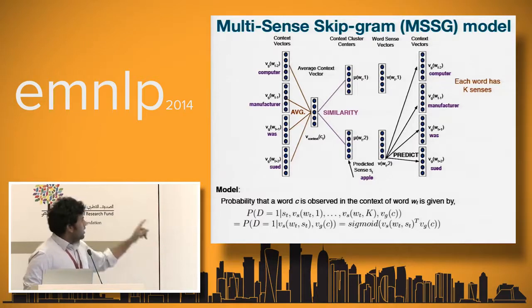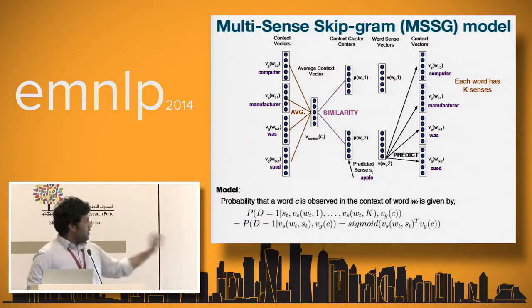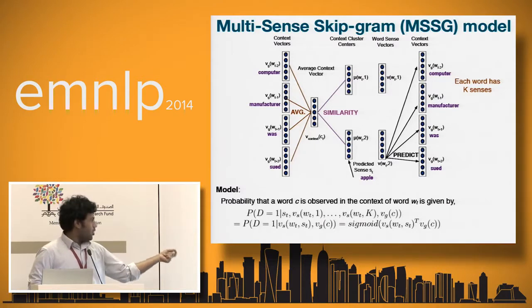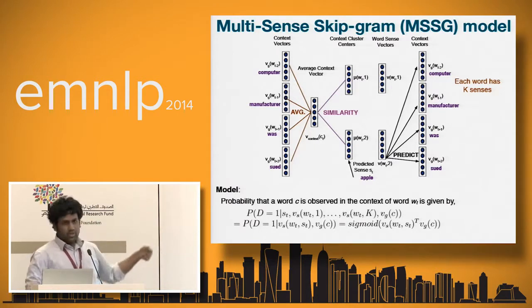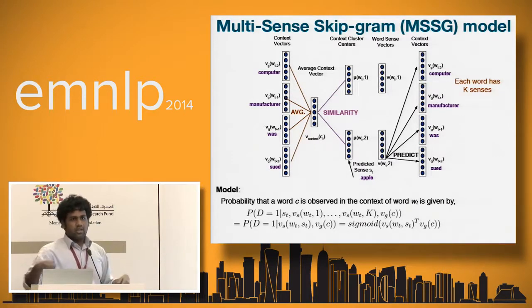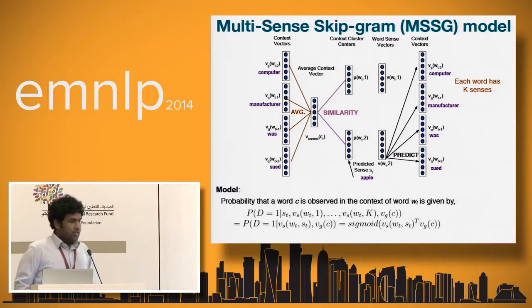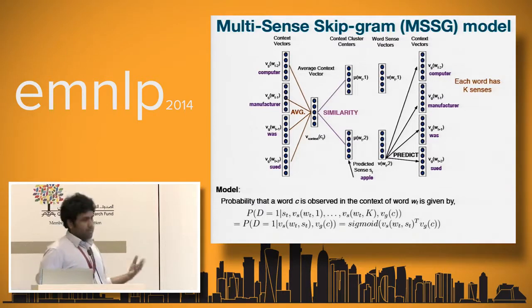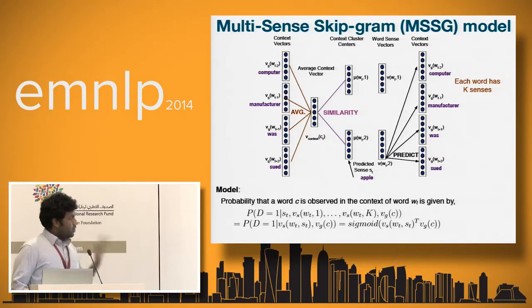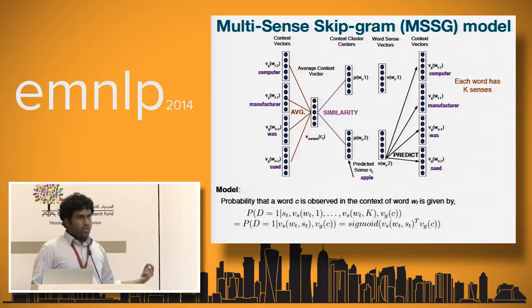And one detail I forgot to tell you is that when I pick the sense of a token, I add that context vector to the cluster. So the cluster center keeps getting updated. So this is the MSSG model, and the training objective is the same as the skipgram model. So this is good. We've got a model which learns multiple embeddings, but it is not non-parametric.